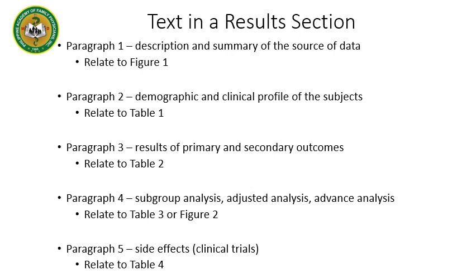Paragraph 3 will be the description of the primary and secondary result of the study. And if you have subgroup analysis, that is usually in paragraph 4. If you're doing a clinical trial, usually the last paragraph in the results section are the side effects or adverse events. Okay, so this is a bit standard. Even if you read published journals, this paragraph sequence is a bit standard.